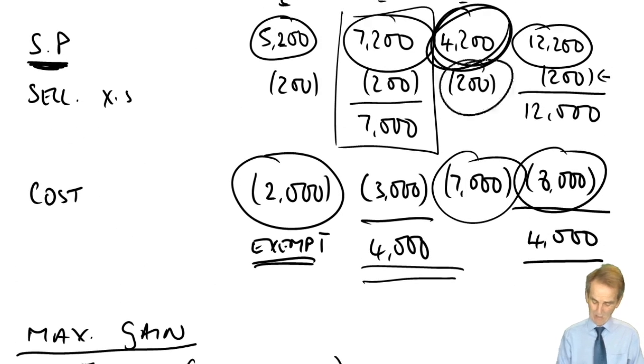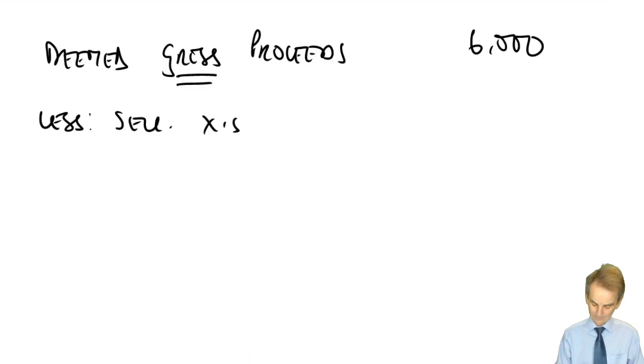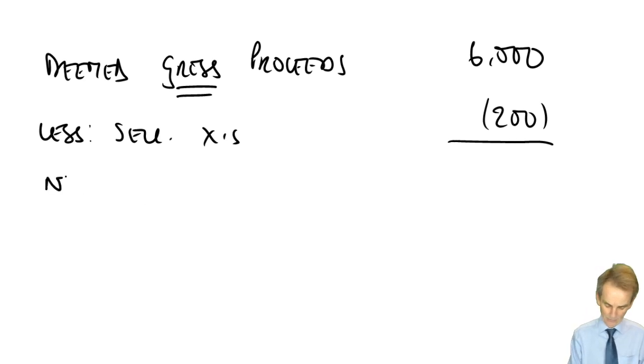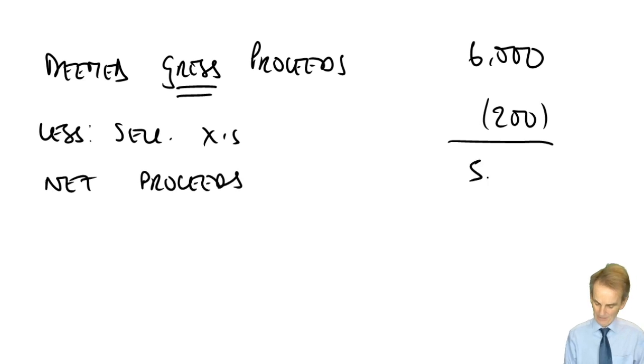Yep, £200 there. Take it away, and therefore net proceeds sum to £5,800.